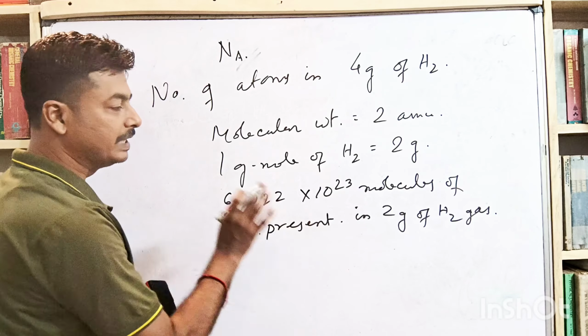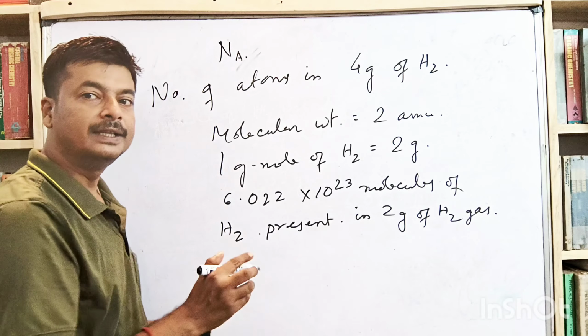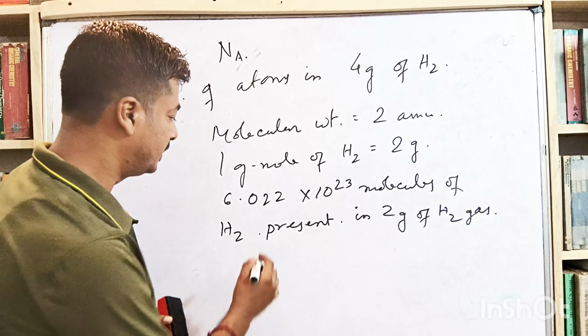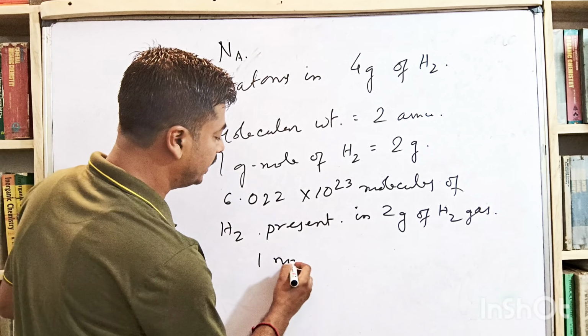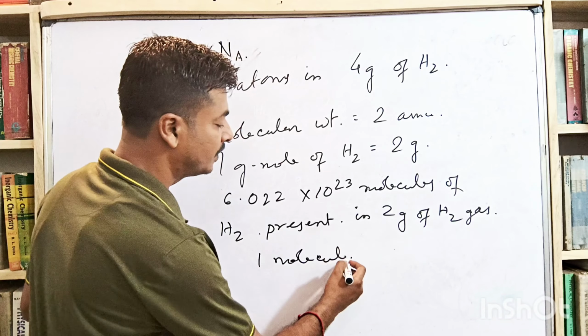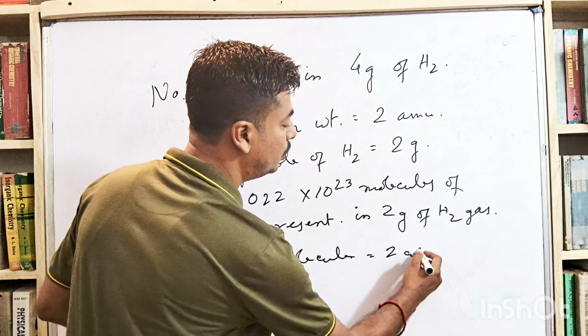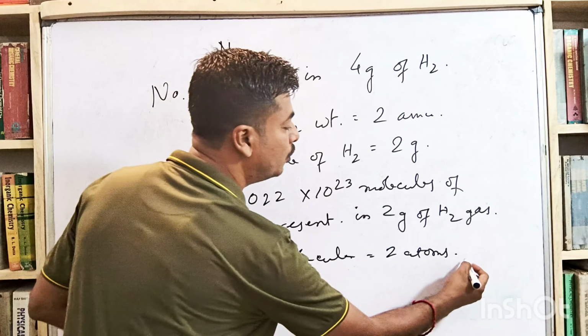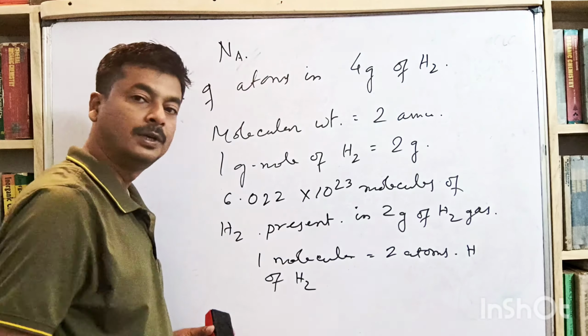Since in each molecule there are 2 atoms, 1 molecule of hydrogen means 2 atoms of hydrogen.